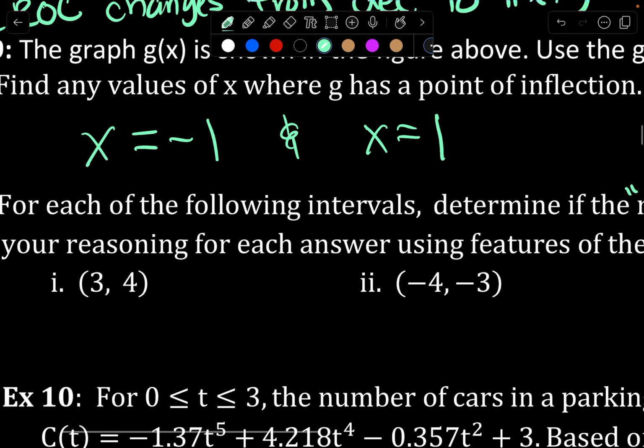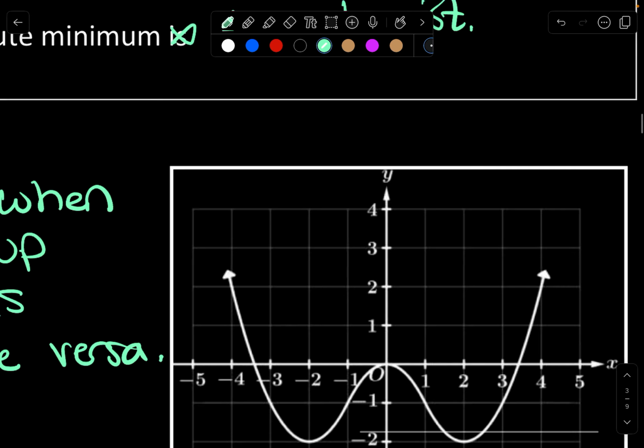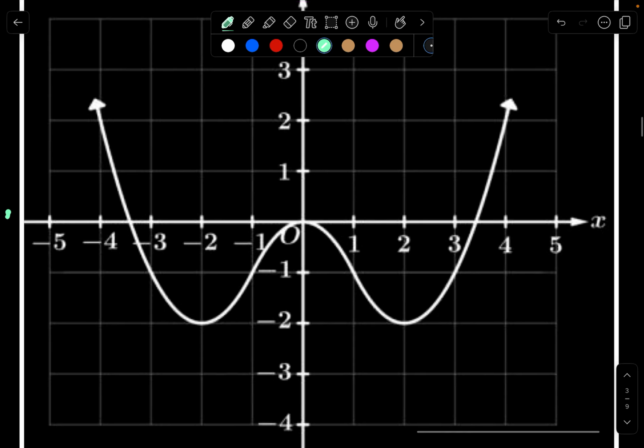So we're looking at the interval from 3 to 4. So from 3 to 4, I'm going here. So yes, the function is increasing, but that's not what it's asking. It's asking, is the rate of change increasing, or is the rate of change decreasing? And we can see that this interval is part of the function when it is concave up.